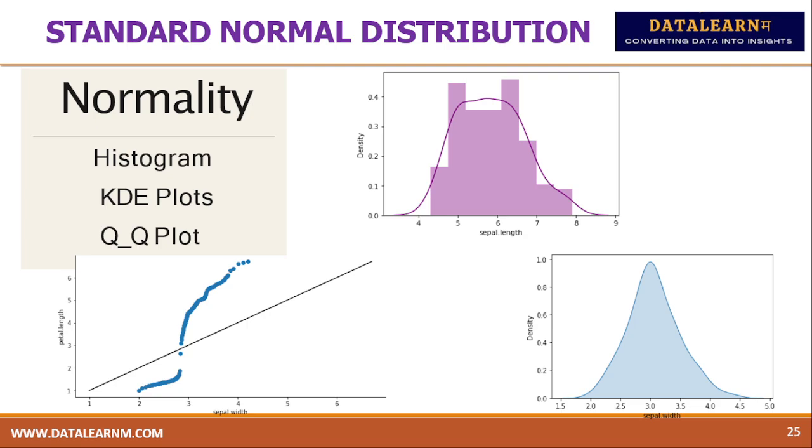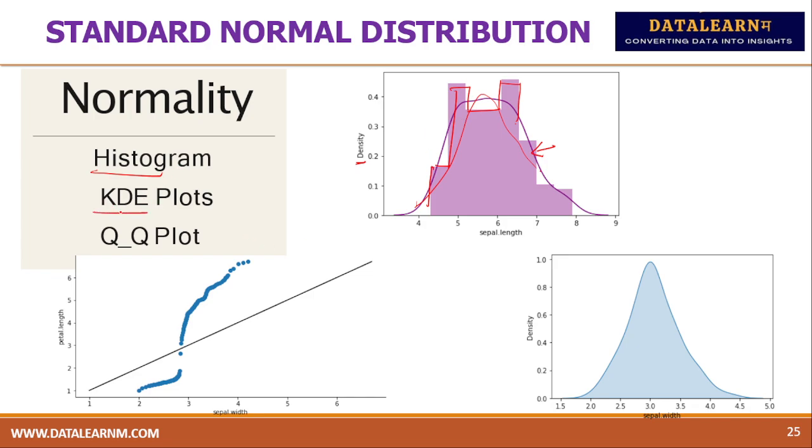Then in order to check the normal distribution, we can plot different charts as well. We can plot a histogram, where it will give you some curves and areas like this, some densities. So these are just the densities of your values. And this curve is giving you the probability, or the nature of that curve.